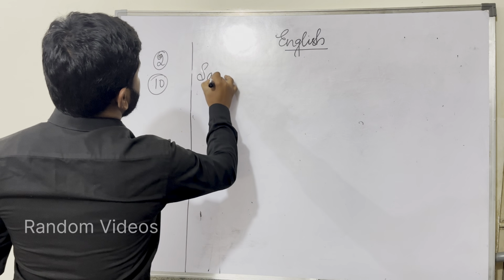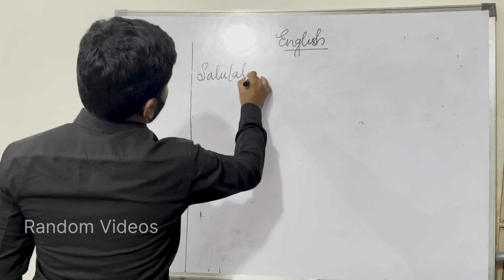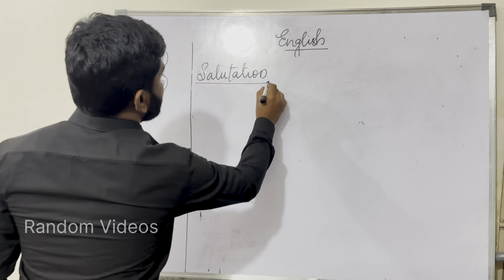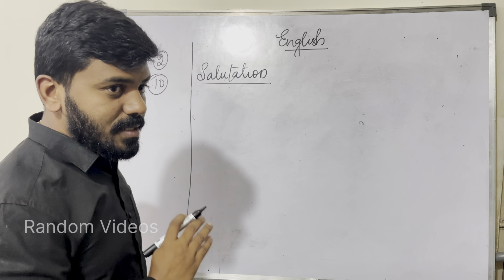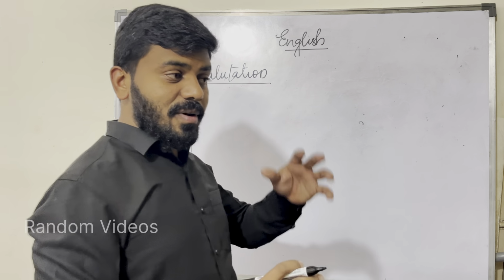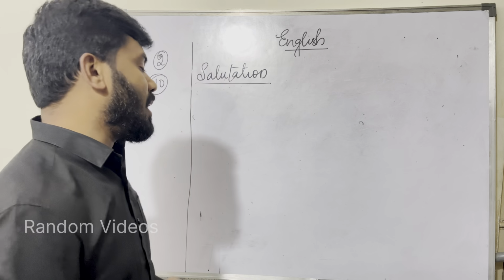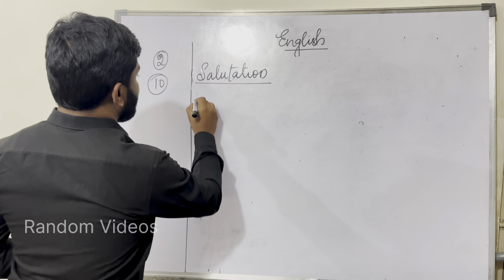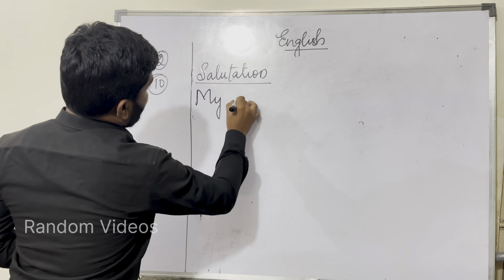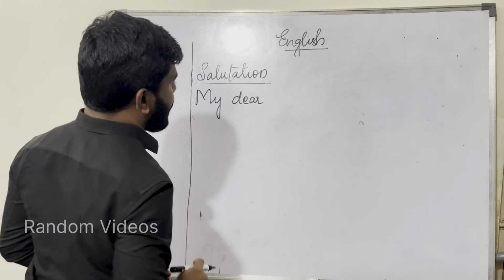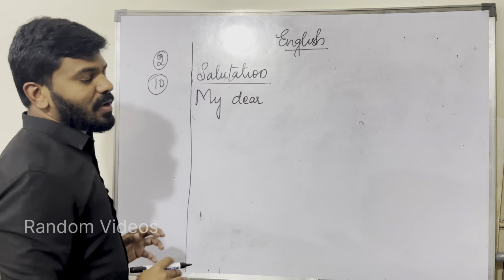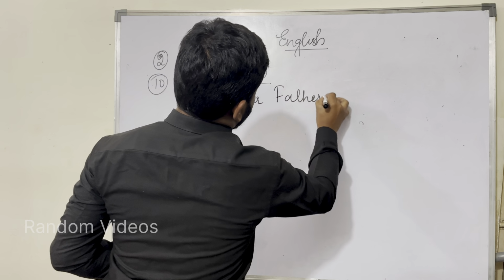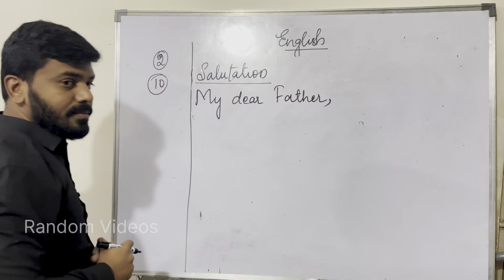Here you must be very careful, because this salutation is different from formal. Okay, so all the salutations begin this way: my dear, and it continues. Imagine if you are writing to your father, write my dear father, comma.